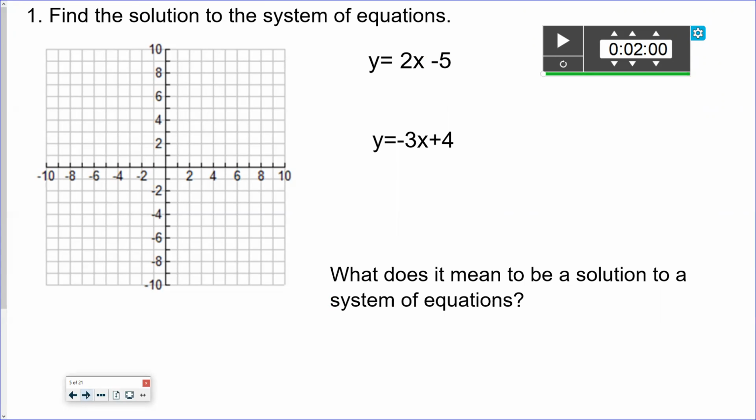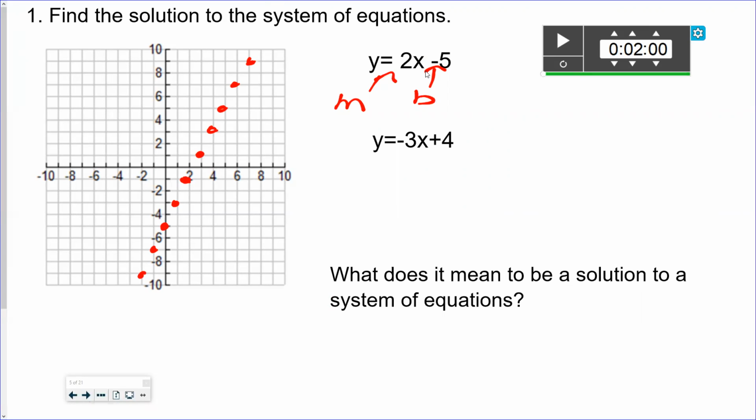So I have a y-intercept at -5 and a slope of 2. So I'm going to rise 2, run 1, rise 2, run 1, rise 2, run 1. I'm going to keep going until I get enough points that I'm satisfied.